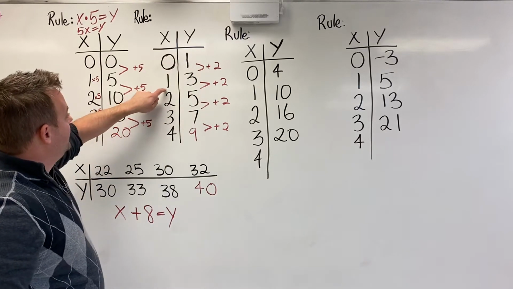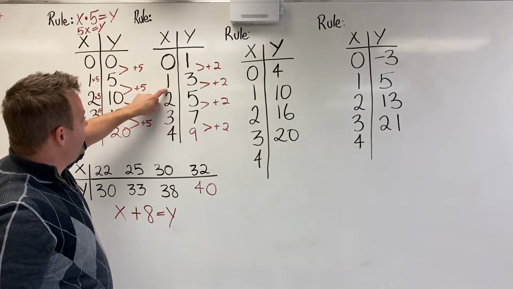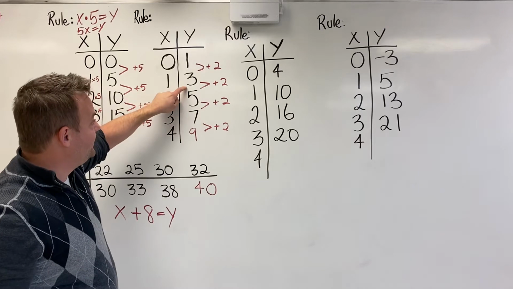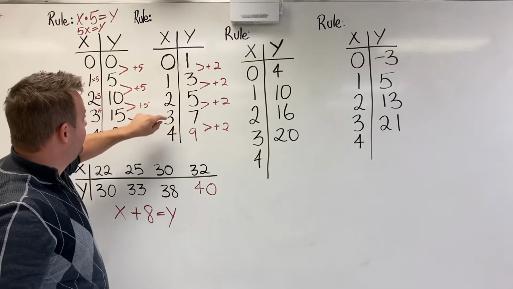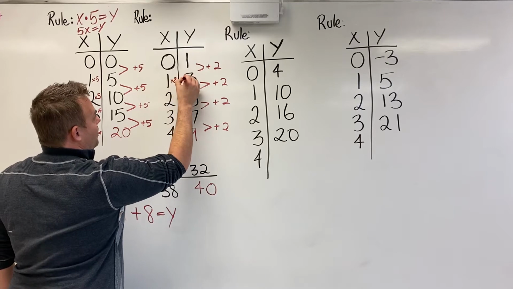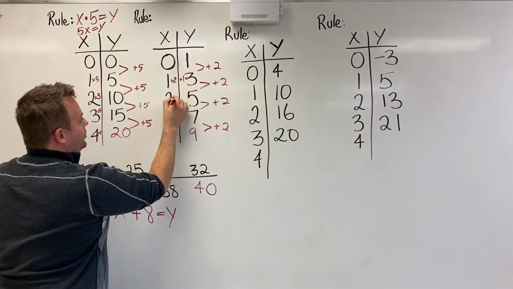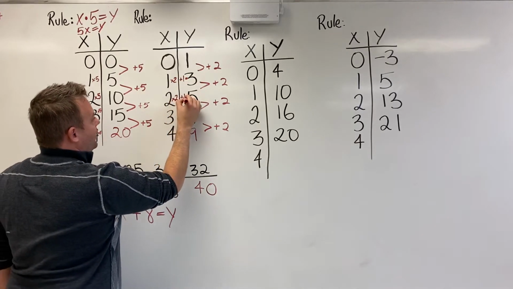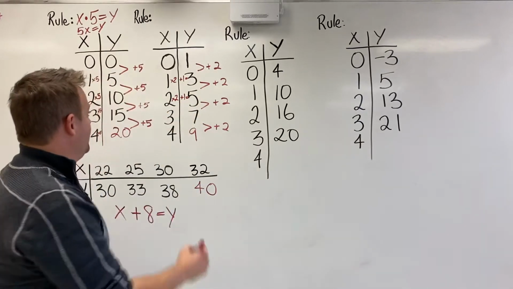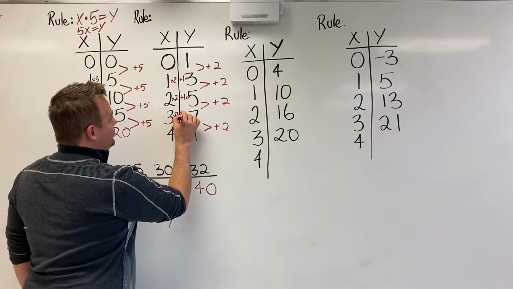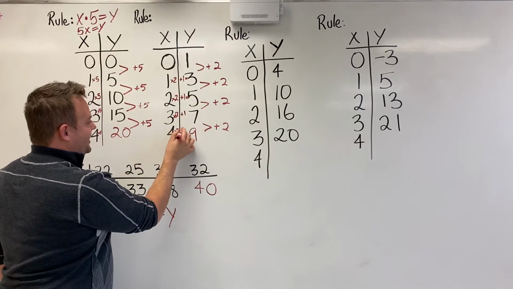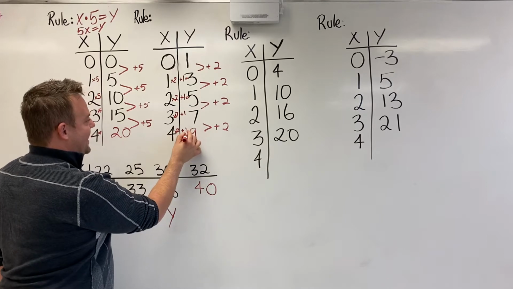So, I want you to notice, 1 times 2 is 2, plus 1 is 3. So I'm going to write that. Times 2 plus 1. 2 times 2 is 4, plus 1 is 5. You see that? 3 times 2 plus 1 is 7. 4 times 2 is 8, plus 1 is 9.